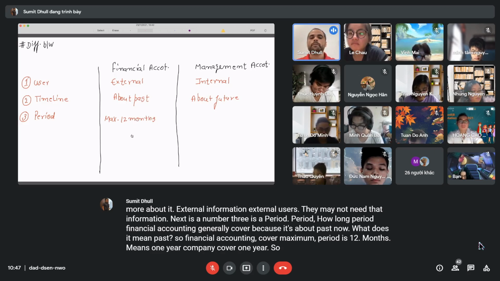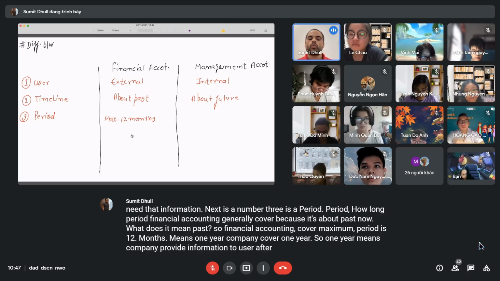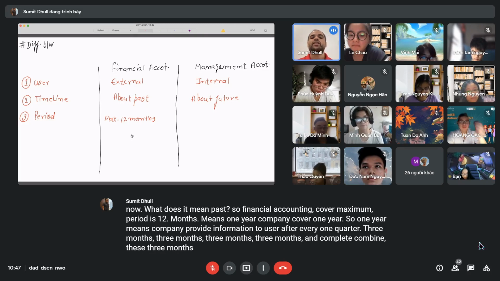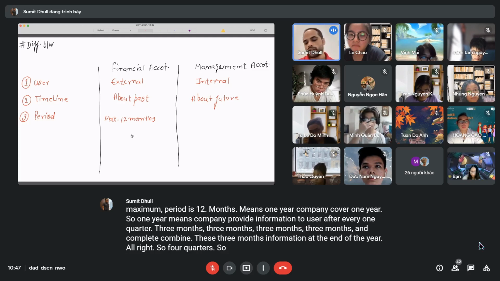So 1 year means the company provides information to users after every quarter. 3 months, 3 months, 3 months, 3 months, and the company combines these 3-month pieces of information at the end of the year. All right, so 4 quarters, or 12 months.